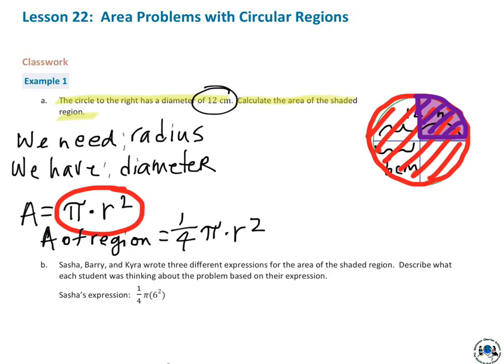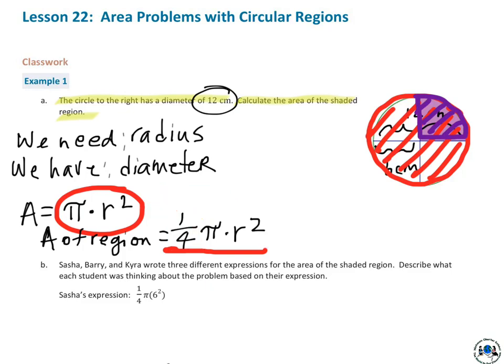Therefore, I'm going to cut right to it, and I'm going to use this formula here: 1/4 times pi times r squared, radius squared. Because I want 1/4 of that. That is the area of the entire circle, but multiplying by 1/4 is going to give me just that shaded area.